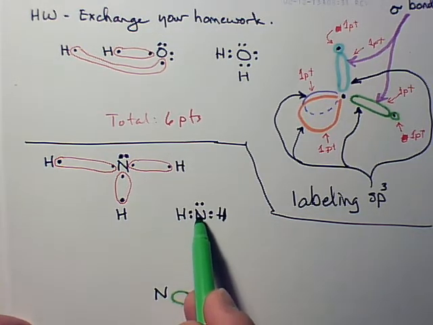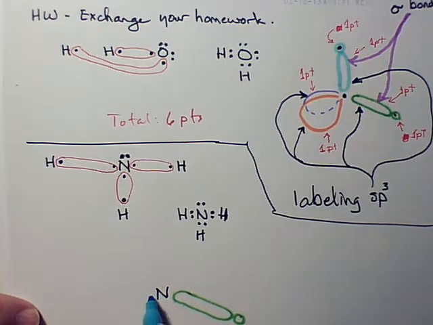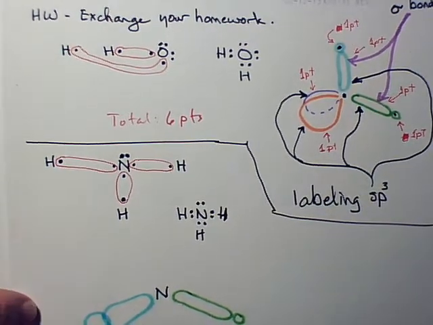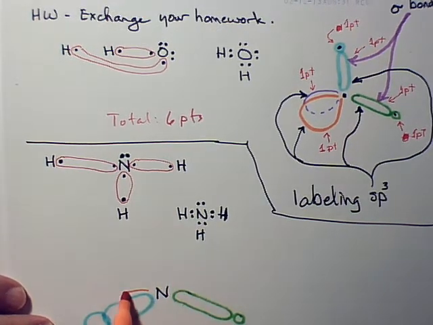Between this nitrogen, the same nitrogen, and this hydrogen, I need another sigma bond. And I'm going to have this one kind of swinging out toward you a bit. And then between the nitrogen and this hydrogen, we're going to tuck this one kind of in behind here.